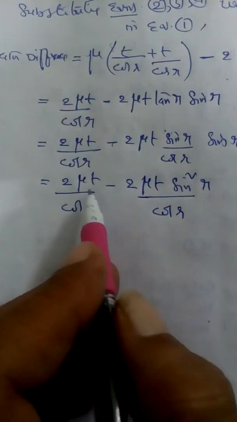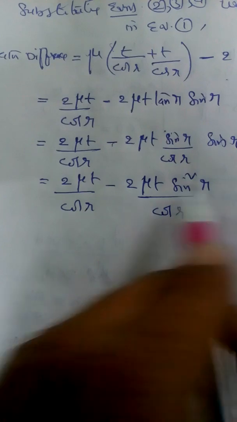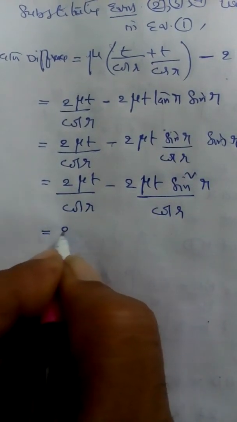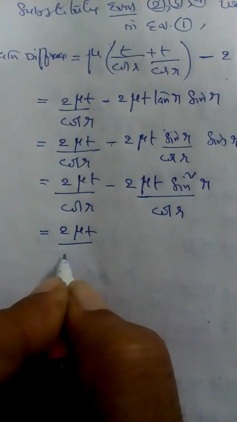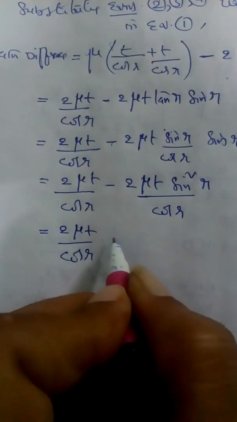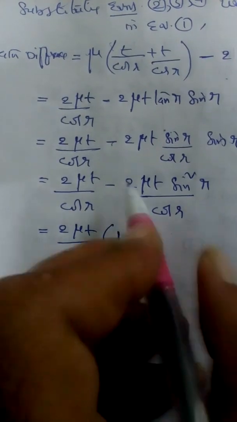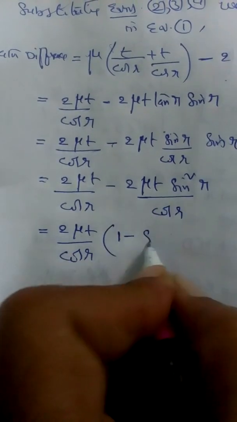So take 2 mu t by cos r as a common factor from both the terms on the right hand side. So therefore this becomes 2 mu t by cos r, if taken out as a common factor, this will become 1 minus, here you have sin square r.